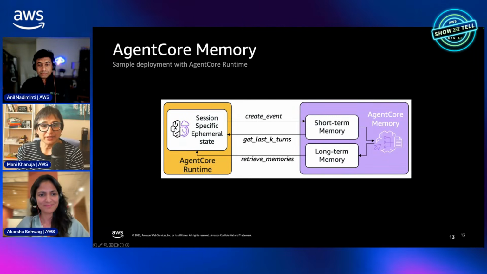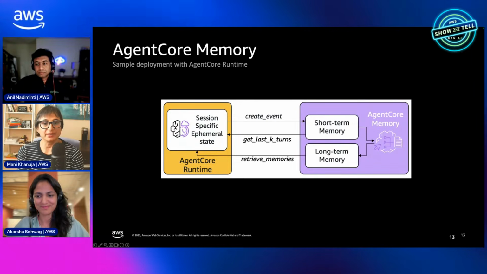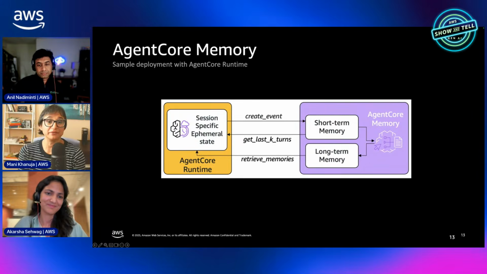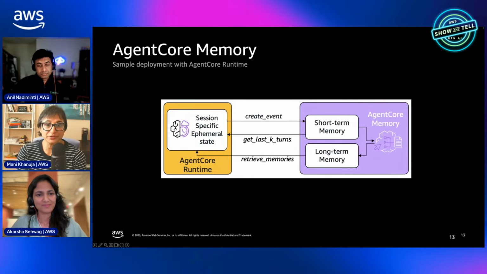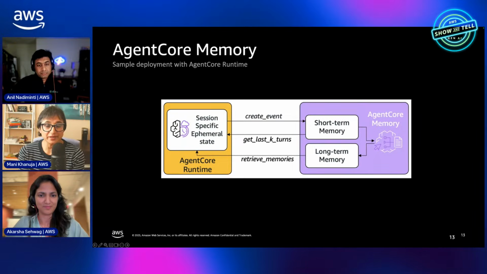So now we talked about a lot of things. We talked about short-term memory. We talked about the concept of events, actor ID, session ID. How do we fetch that information? We can filter events. If you don't want to use long-term memory and you only want to use AgentCore memory for short-term, you can do that. And if you want to use long-term for storing just the user preferences, you can do that.